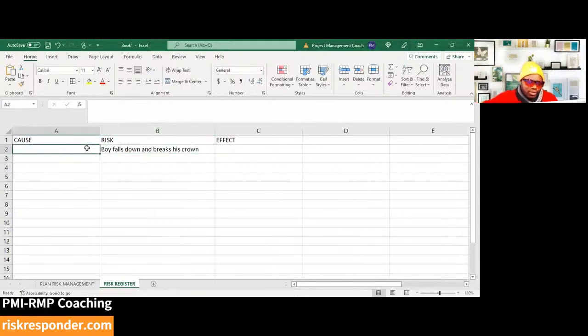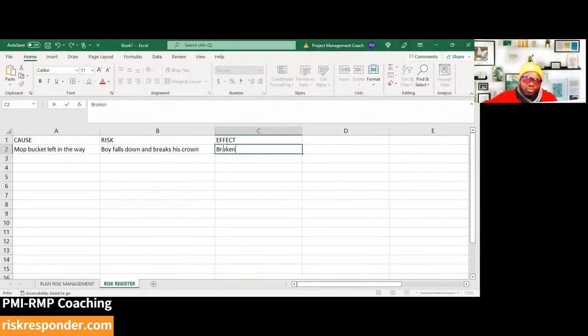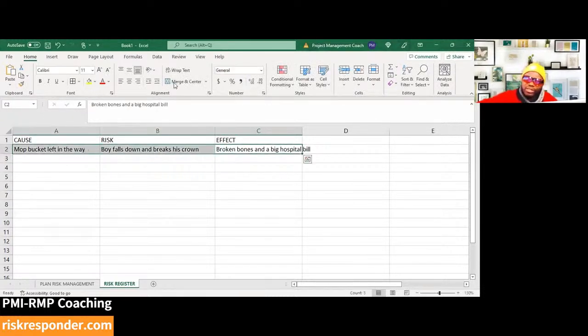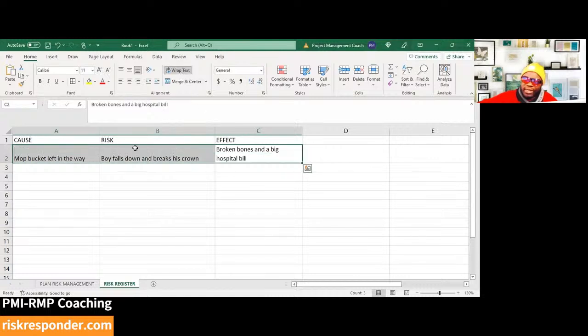What is the cause? Mop bucket left in the way. What is the effect? Broken bones and a big hospital bill. Now, I'm kind of putting some of these in jest to make it more fun, but the idea is to not just identify the risk, but to identify the cause and effect.